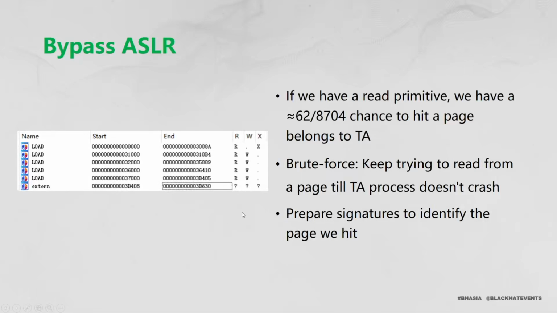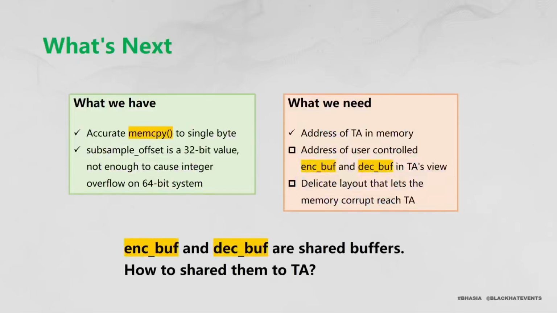So we can know the load base of the TA. And after that, we'll find how to know the address of the shared buffers we are controlling. Of course, we need the physical address of both of them.